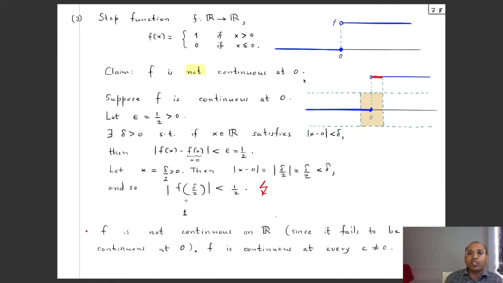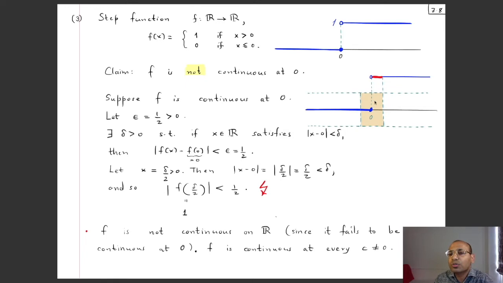And let's prove this by contradiction. So we will suppose that the function is continuous at 0, then our definition tells us something, and we'll show that something terrible happens, we get a contradiction. So this is what f of 0 is. It is 0. Am I guaranteed that no matter what epsilon you give me, for example, I choose something smaller than this gap because then I already know there might be trouble.